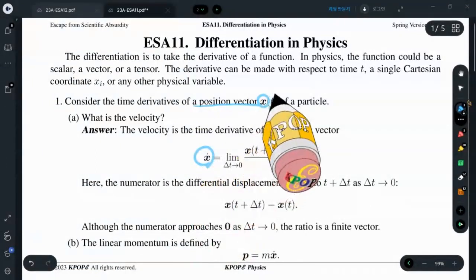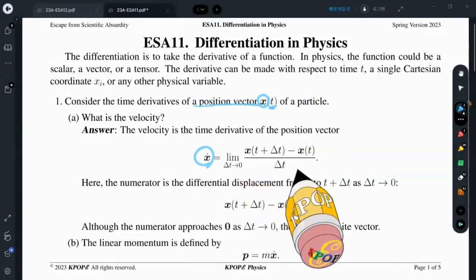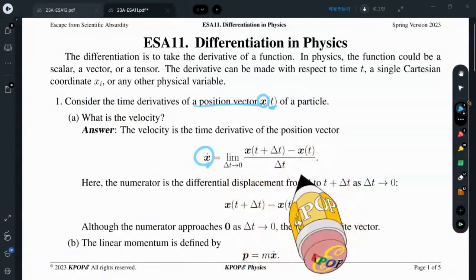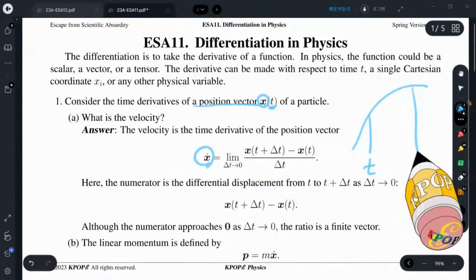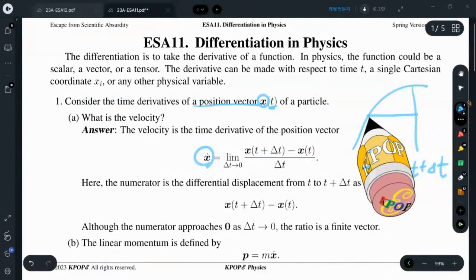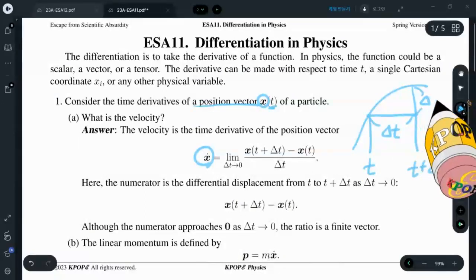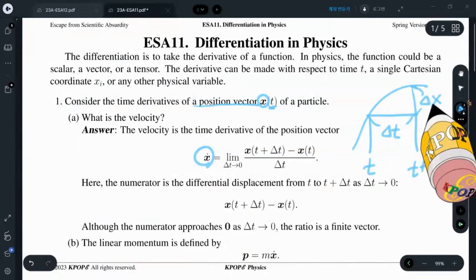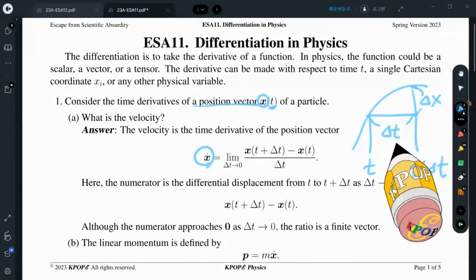definition, single variable function's derivative is the slope, limit of a slope. Function at t plus delta t, the difference in the horizontal axis and difference in the functional value and the ratio, that is the slope.